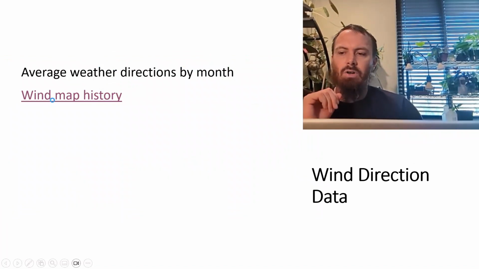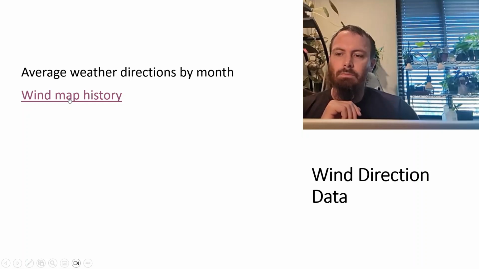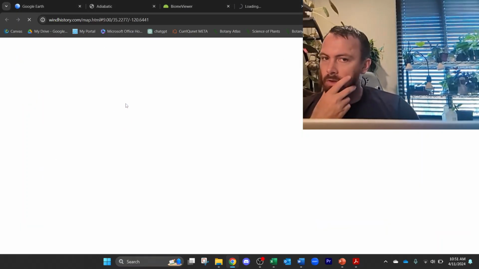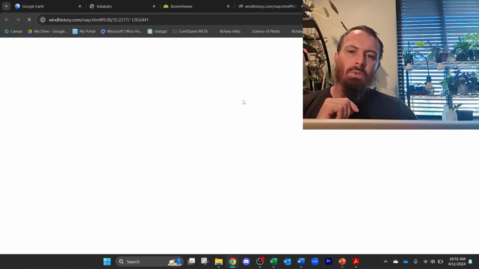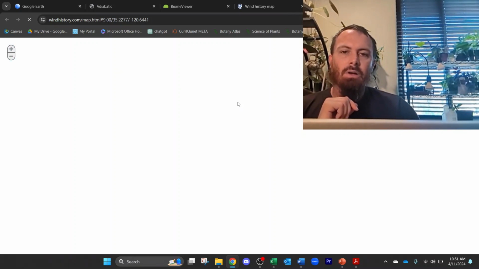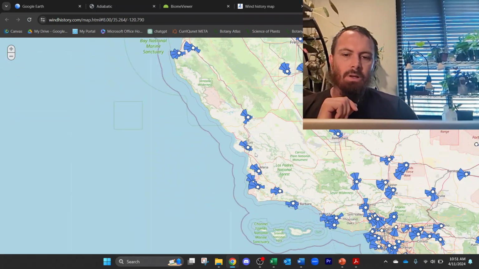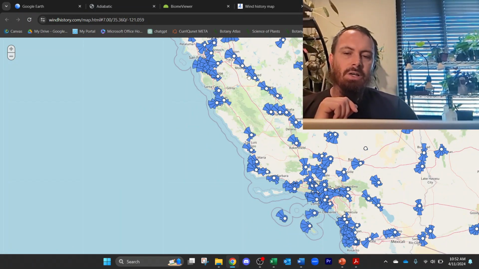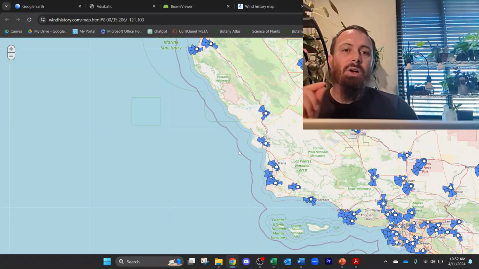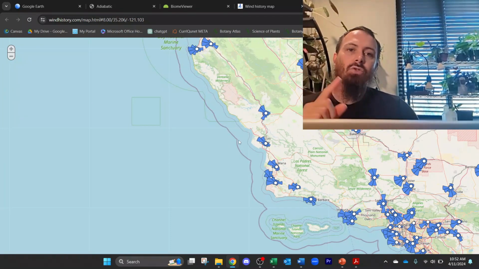Now, let's start to look at our own little region here. So here's a wind map of California. And what you can tell here, which is really interesting, is that the bigger the block from these little wind sensors, the more that is the direction the wind was coming from, not the direction it's going.